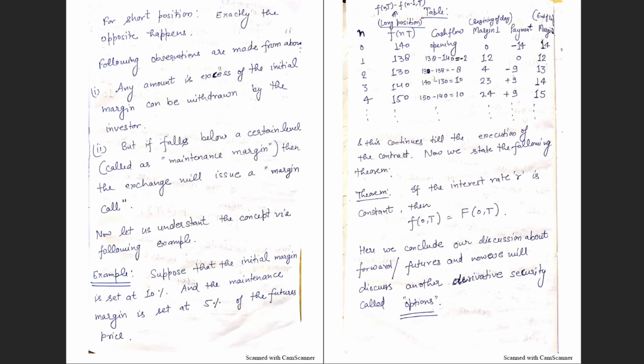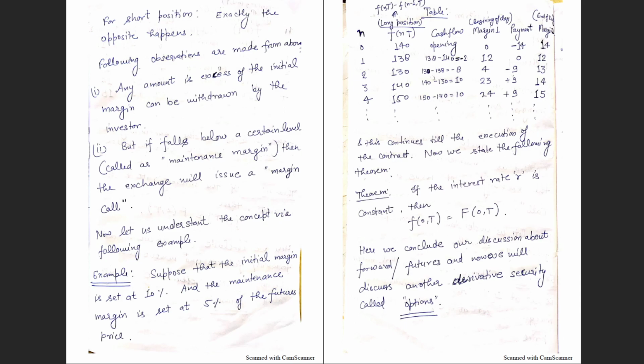So you have to pay 9 rupees, so that you maintain again the initial deposit of 13. It was 4, you paid 9, so 4 plus 9 is 13. You paid 9 because you want to make the 10% of 130. That's how the end-of-day margin 2 is 13 rupees.